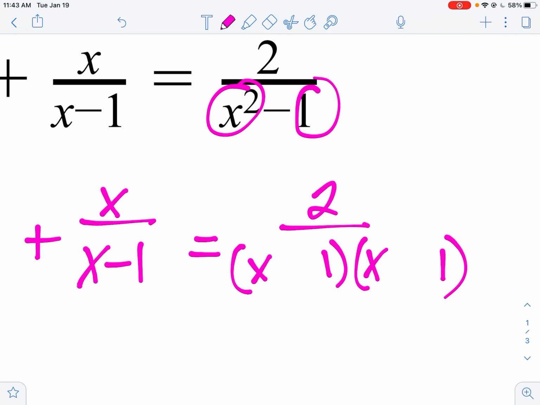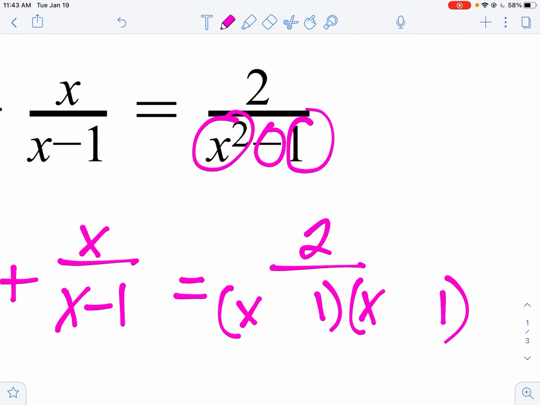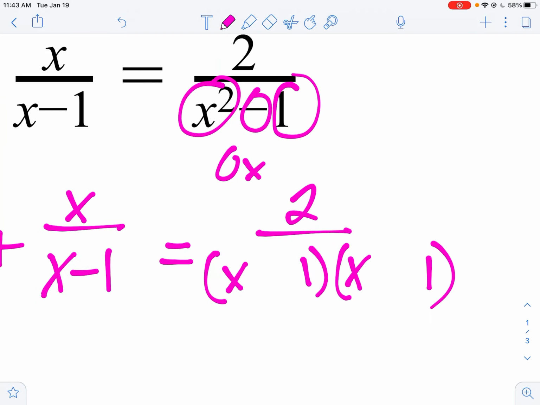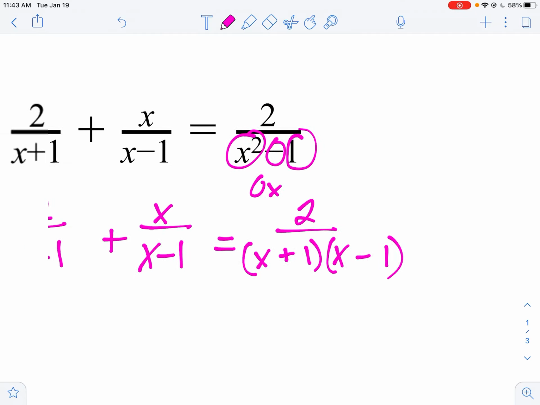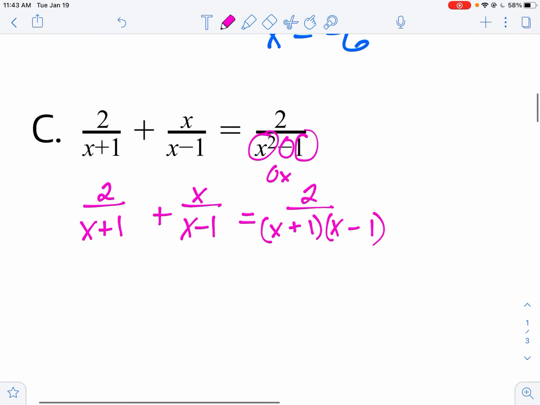Now, since it's a difference of squares, there's nothing here in the middle. It's like 0x here in the middle. That's, you know, when it's a quadratic, you're used to seeing squared and then something x. There's nothing in the middle. And the reason is it cancels out. That's why we go plus and minus. Because if I multiply this out, I get x squared minus 1x plus 1x. Boom. Those x's cancel out. So I've factored this out.